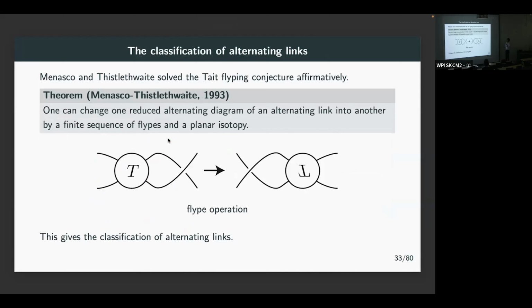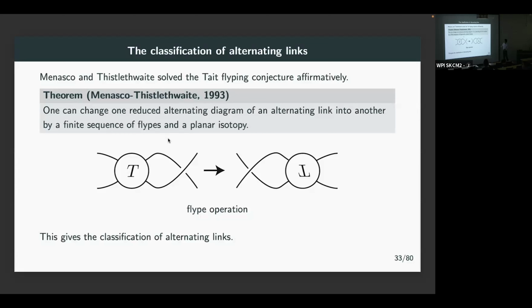So when you have alternating links, we know the classification of the alternating links. That is called the affirmative answer of the Tait flyping conjecture. Suppose you have two alternating diagrams of the same link. Then you can change one diagram into the other just using this type of operation. This is a flip operation.